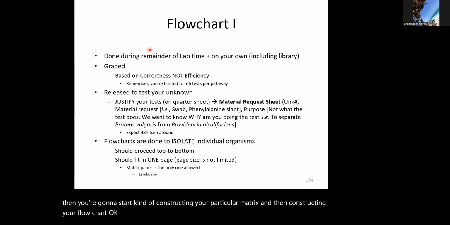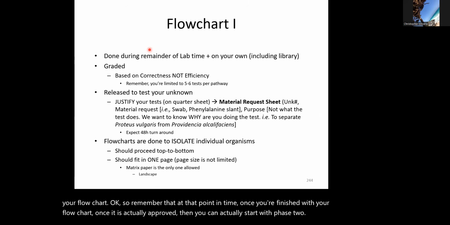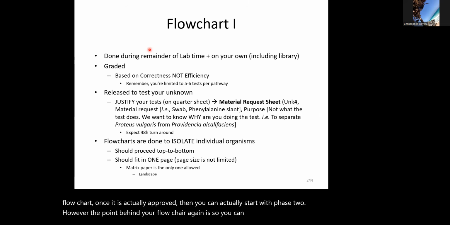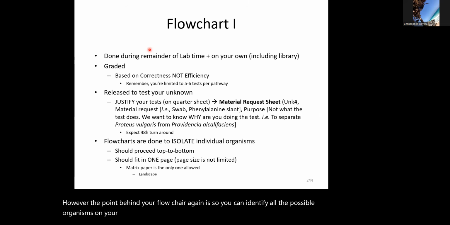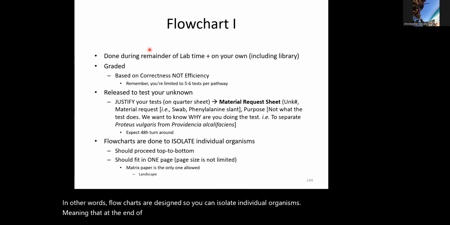Remember that once you're finished with your flowchart, and once it is actually approved, then you can start with phase 2. However, the point behind your flowchart is so you can identify all the possible organisms on your list. In other words, flowcharts are designed so you can isolate individual organisms, meaning that at the end of any particular pathway, there should only be one microorganism, showing us that you've isolated and identified it, right?